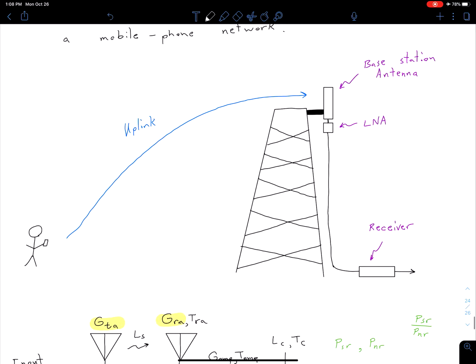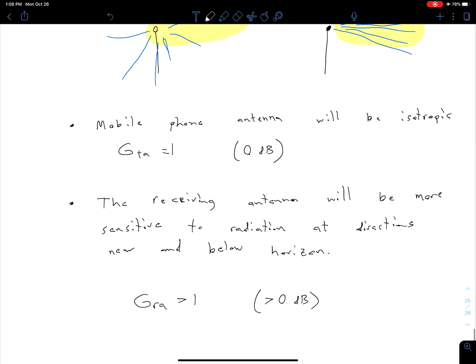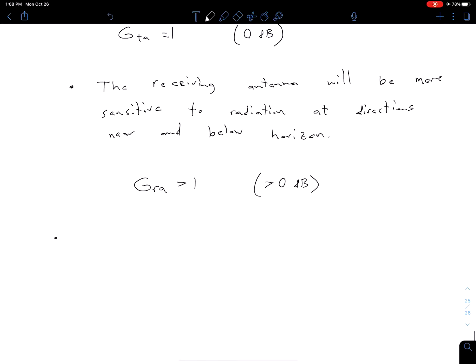A couple of things also to note about this uplink part is that for this diagram, we've shown a direct line of sight between the phone and the receiver. Typically, we don't have that. That's not going to be the case.